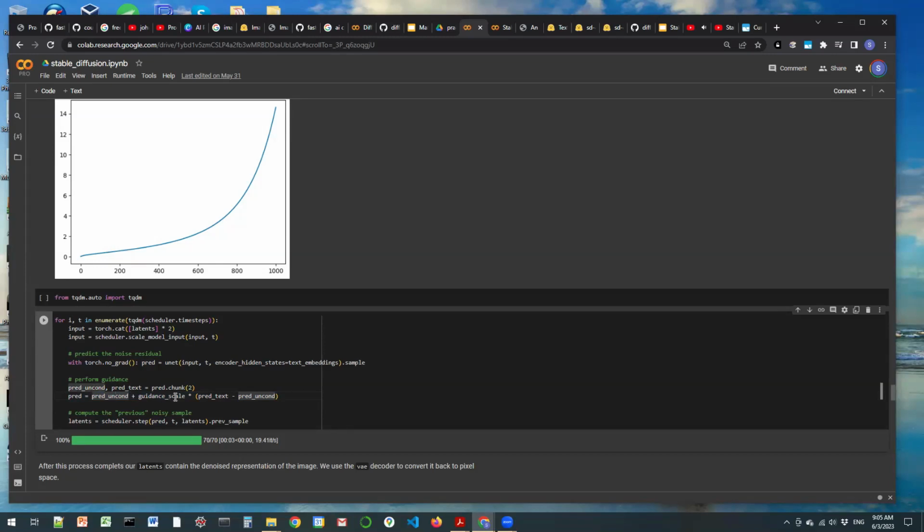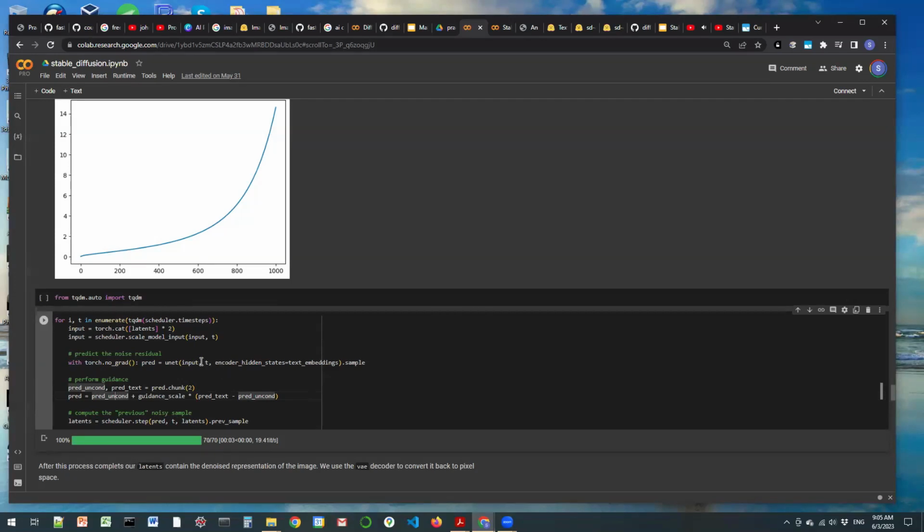So remember that these are the two predictions. We subtract the predicted text, that is the output corresponding to the astronaut riding a horse or whatever that we give it, and the null input we give it, scale it by the guidance scale, and then add it to the unconditional and send this predicted value back through the scheduler step along with the time step and the latents and the previous sample. And then we get the next sample and we go through this loop a number of times.